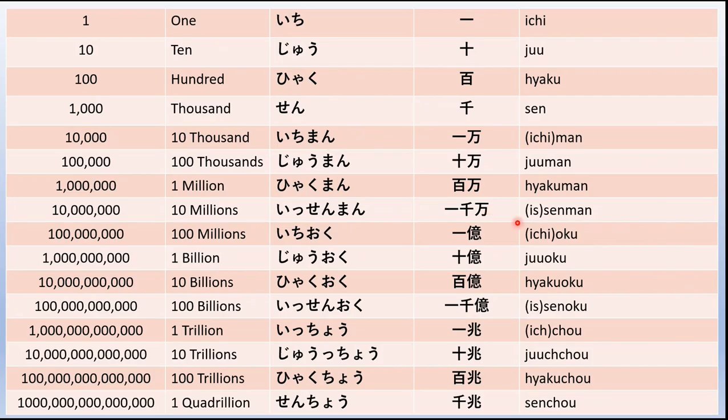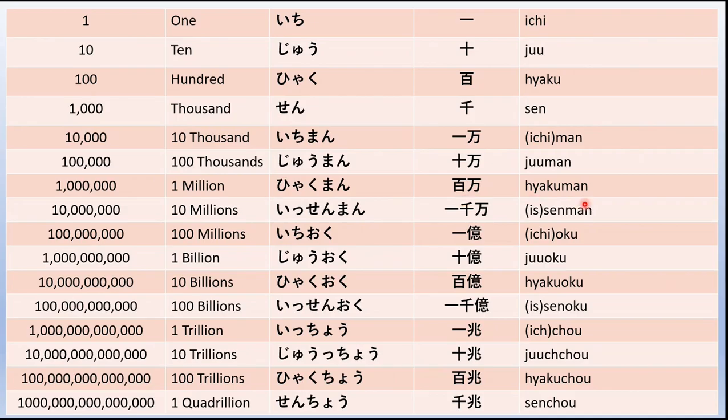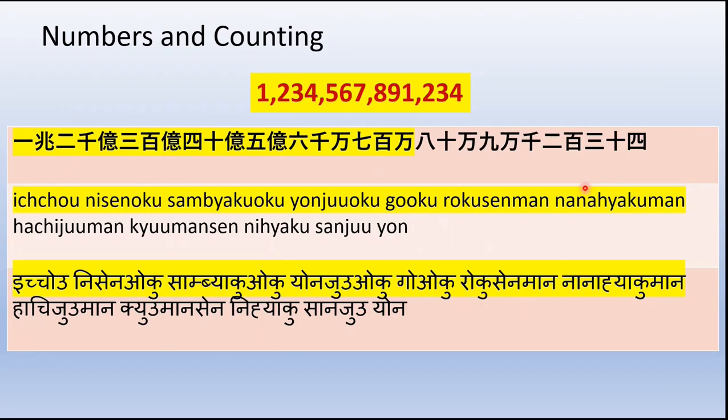After go oku, we have senman. Here we can write 6, and the place value of 6 is roku senman. After senman, we have hyakuman. So with the place value of 7, we have nana hyakuman. Next is the 8, hachi.